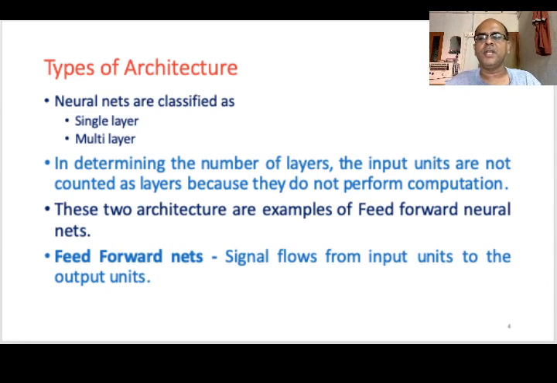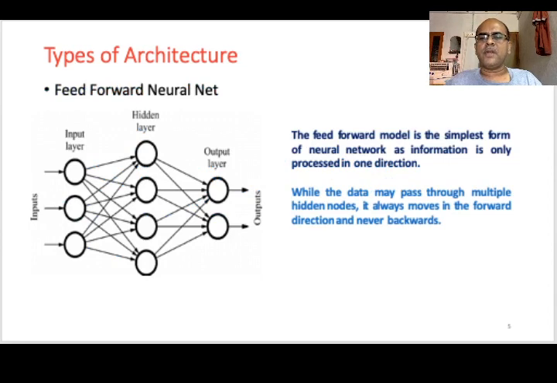In a feed-forward neural network, you have the input layer, the output layer, and the hidden layer in the middle. The feed-forward model is considered the simplest one in a neural network. Why? Because the information flows in only one direction. It's all unidirectional; you can see the arrowheads. It goes from the input layer to the hidden layer to the output layer, and then output is generated.